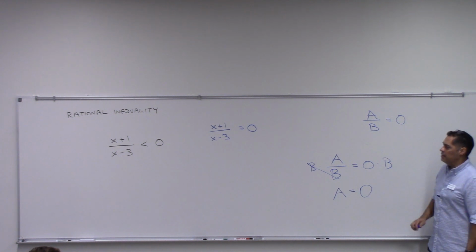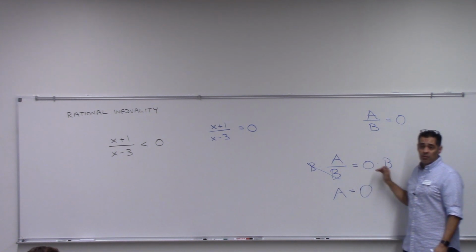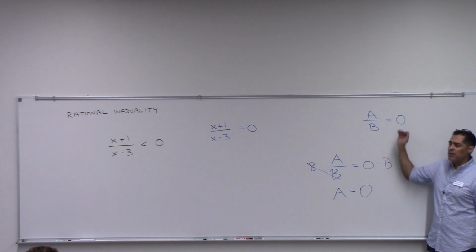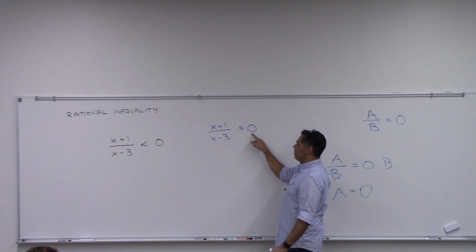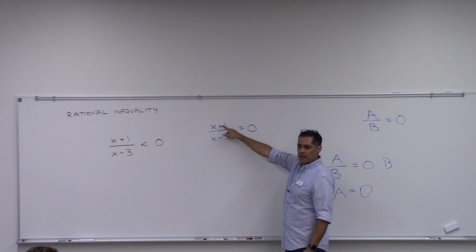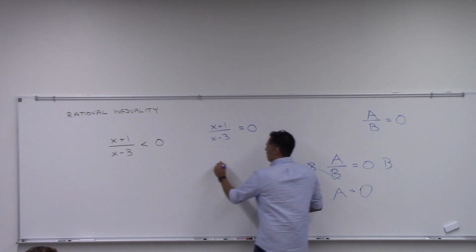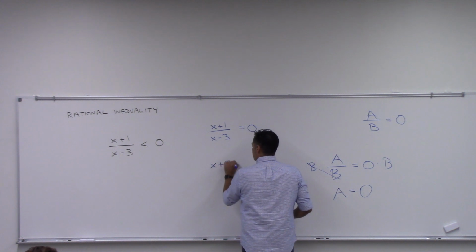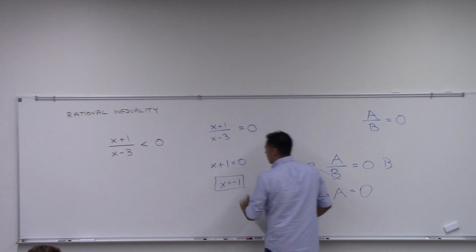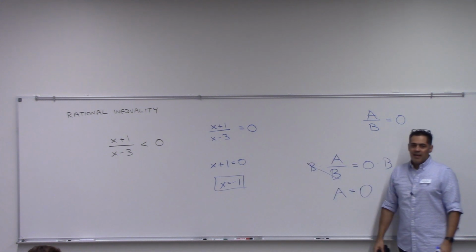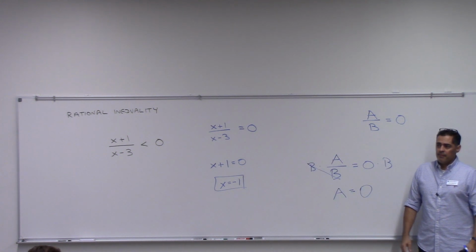Let me say this again. If you ever want to know when a fraction is equal to 0, all you need to know is when the numerator is equal to 0. The only way this fraction can ever be 0 is if that top is 0. So what I'm going to do now is set the top equal to 0, and then solve that. I get x is negative 1. That is an x-intercept, right?